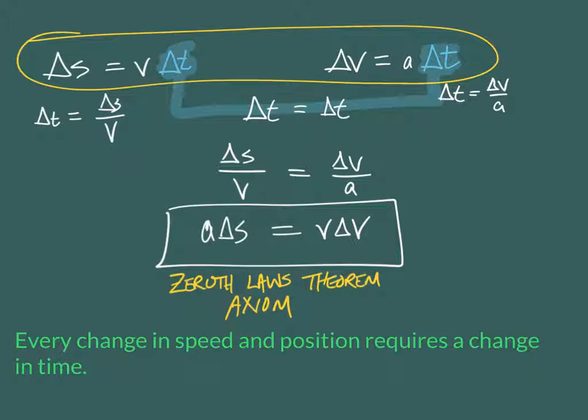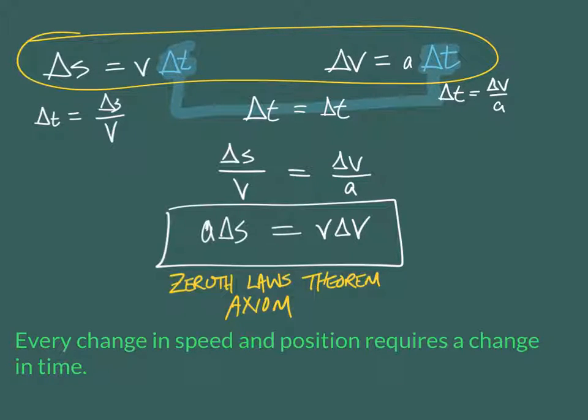Because I see change in position and I see change in speed in my law statement, but I don't see a change in time, nor do I see acceleration and speed as constant values, or average values actually is what they are in this case.